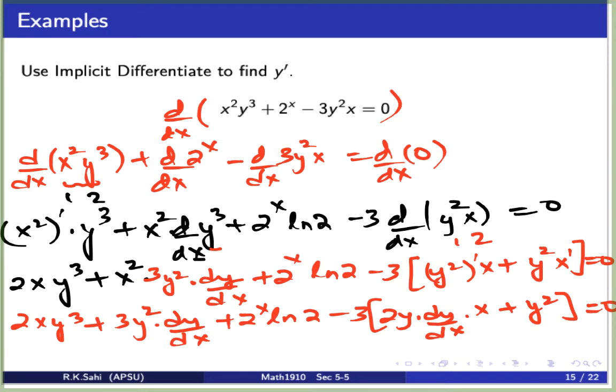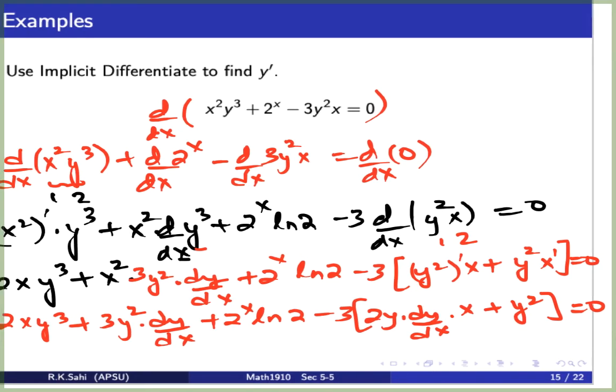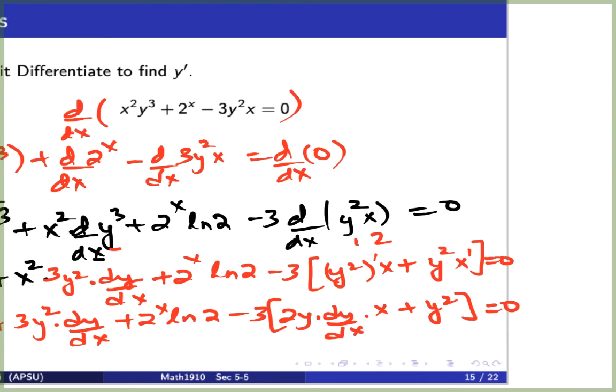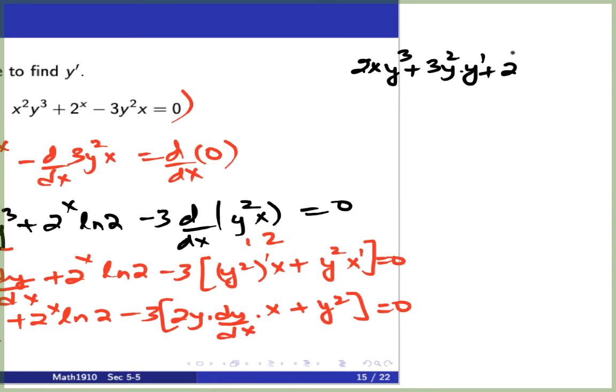Remember in implicit differentiation, guys, we have to get all the dy's together. So I'm just going to go back and forth between the two. I'm kind of out of space here, so I'm going to start over here, guys. I'm going to write down the equation again. So it's 2xy cubed plus 3y squared times y prime, which is dy by dx, plus 2 to the power x natural log of 2.